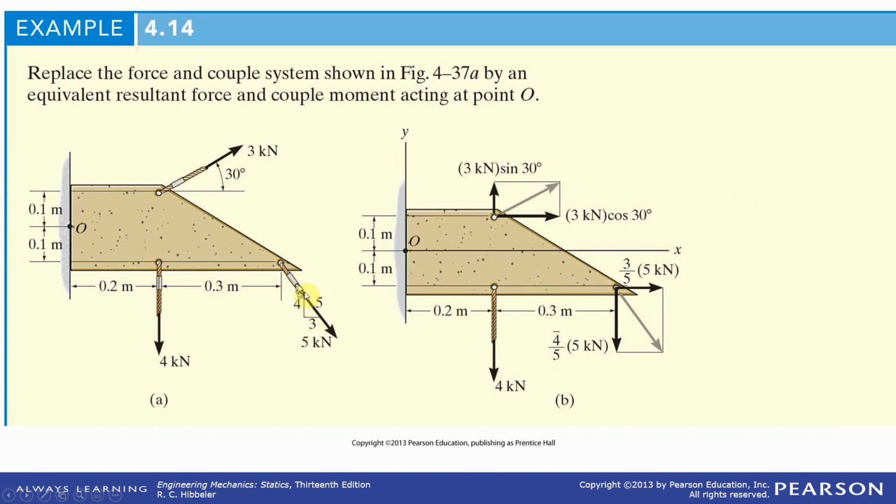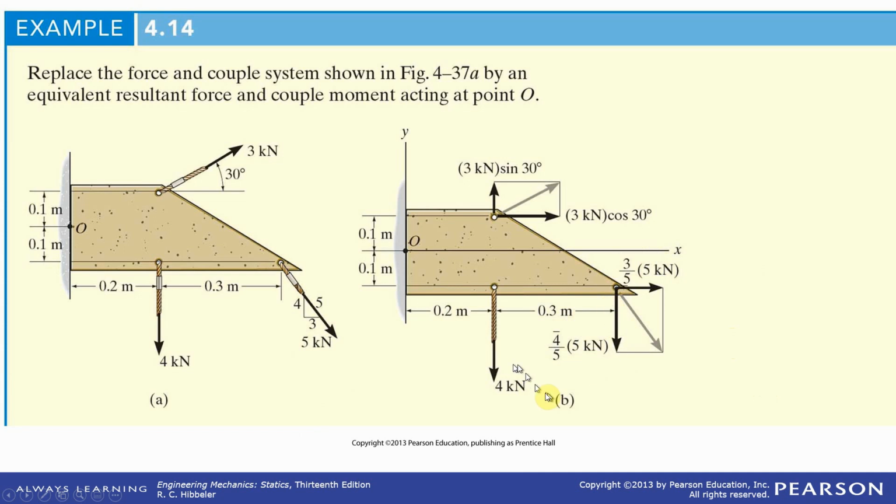When you have a similar triangle, this is kind of neat. 5 kilonewtons magnitude means you have 3 kilonewtons in the x-axis direction and 4 kilonewtons in the negative y-axis direction. And when you run the numbers, you'll get 4 and 3.